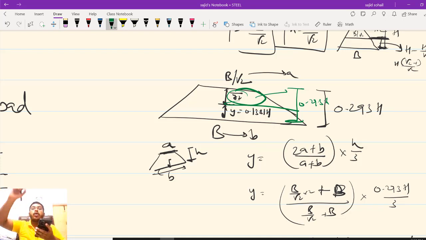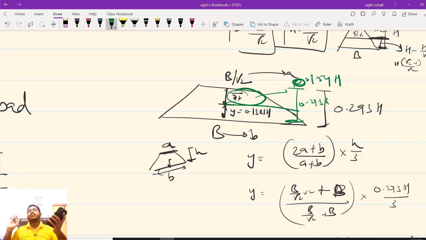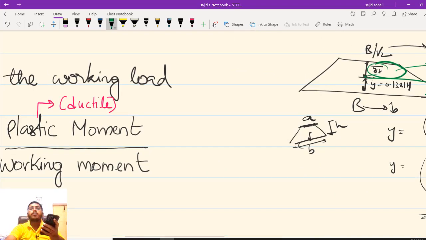It will be nothing but 0.293 minus 0.1381h. Just subtract. What are you getting? 0.293 minus 0.138, you get 0.154h. End of story. Once you have this, the problem is solved.